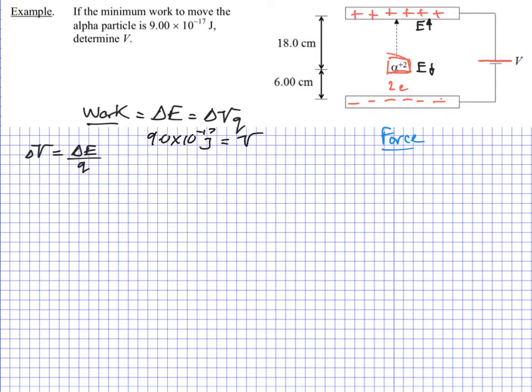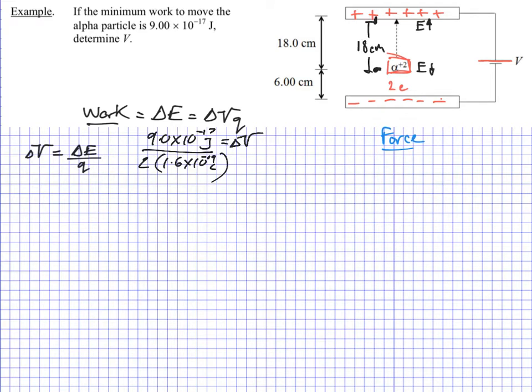If I was to divide this energy by Q, which by the way is going to be 2 times the elementary charge, times 10 to the negative 19 coulombs, I'm going to get the change in voltage, delta V, from here to here. In other words, a gap of 18 centimeters.